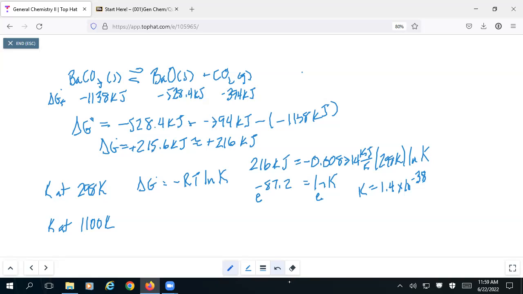Now to do the 1100, same calculation, because delta G at standard conditions would still be 216 kilojoules. This time it's 1100 Kelvin instead of 298.